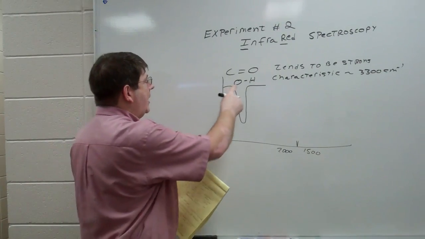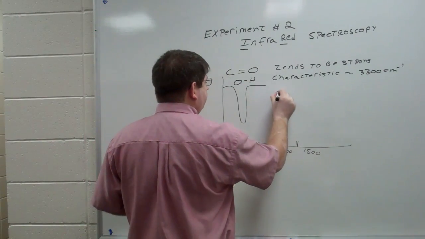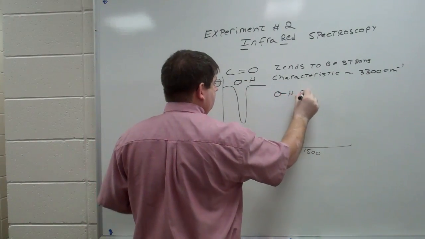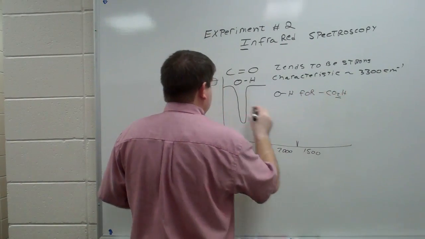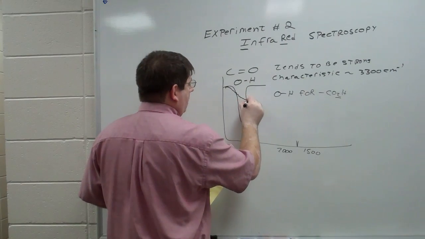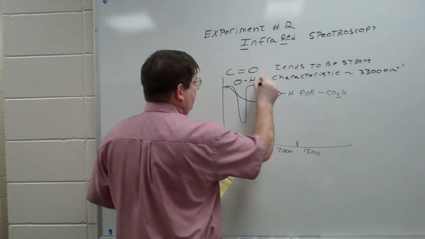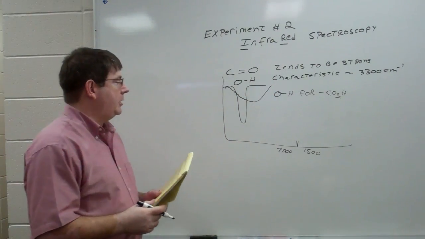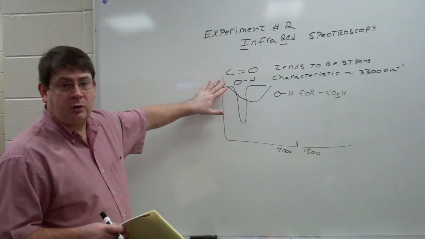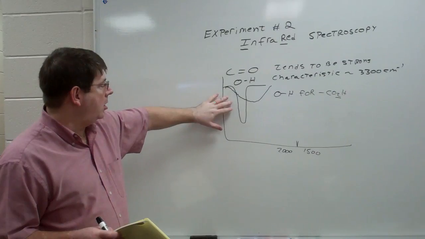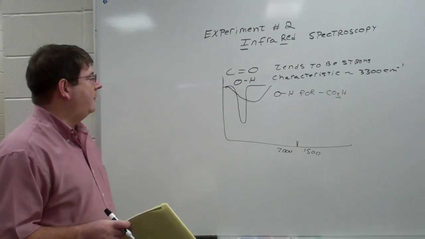However, if it's an OH for a carboxylic acid, it's going to appear broader, and it's going to stretch all the way over into the CH stretching region. And so by simply looking at the IR spectrum, you could determine whether you have an alcohol or a carboxylic acid fairly easily.